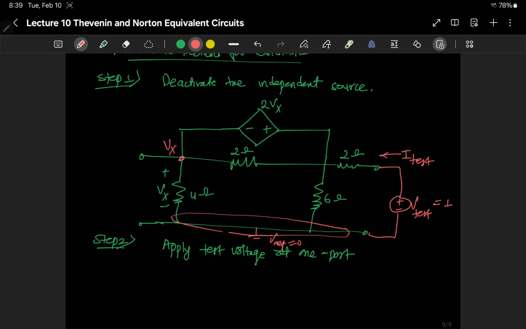This voltage Vx is unknown. Similarly, this Vy is unknown. Then we can randomly assign the current directions, in this case this and this. And since the current is flowing in this direction, we can assign the polarity as this. So we assign the current direction and we assign the unknown voltages.